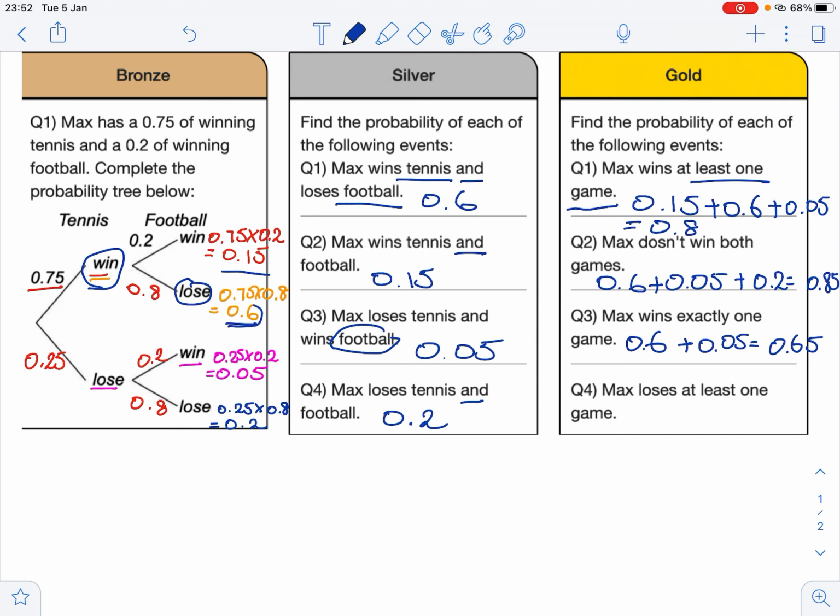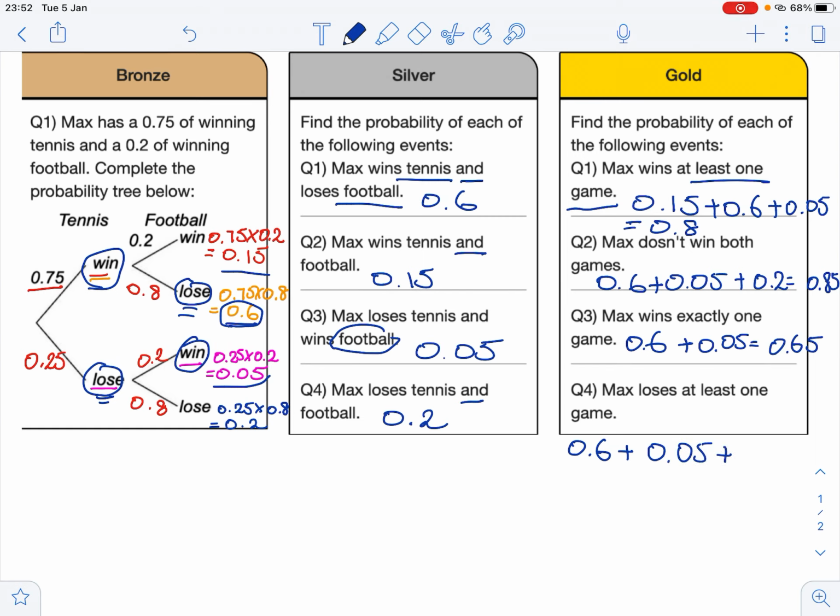The probability of this happening is 0.6. Or Max could lose tennis, then win football. Again, he's losing at least 1. So the probability is 0.05.